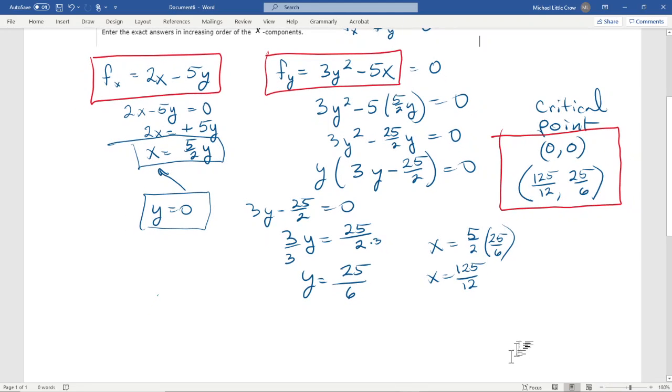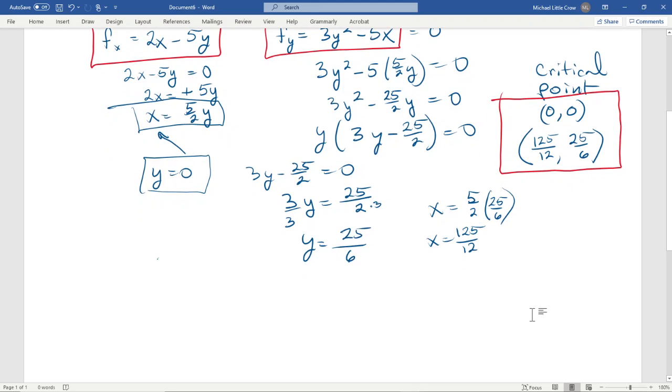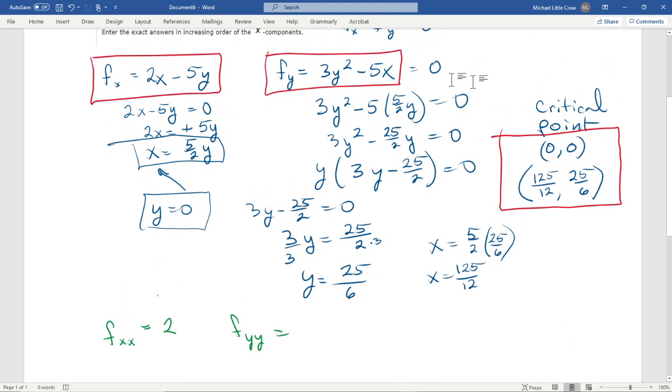Give me maybe a little bit more room. So the second derivative of the partial with respect to x is going to be 2. That's it. Let's do the second partial of y. So we come to this one. That's going to be 6y. It's just going to be 6y.